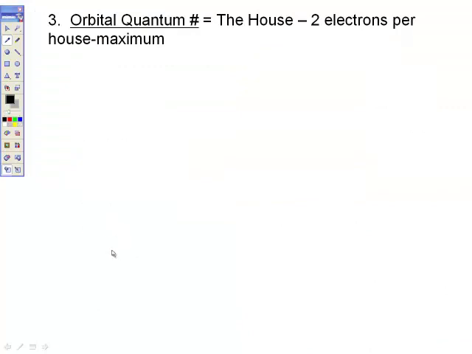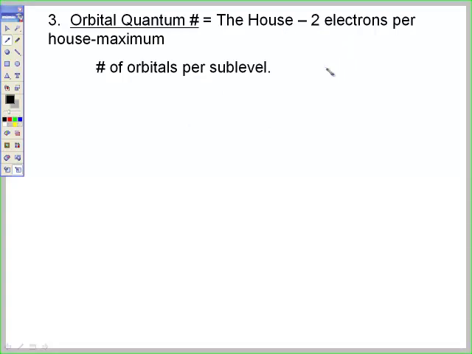All right, let's jump into the third orbital quantum number. This is the actual orbital. Remember, an orbital is an electron house with 2 electrons max, and the number of orbitals per sublevel, remember sublevel is shape, so think about houses, electron houses per sublevel shape, or we call that the street.